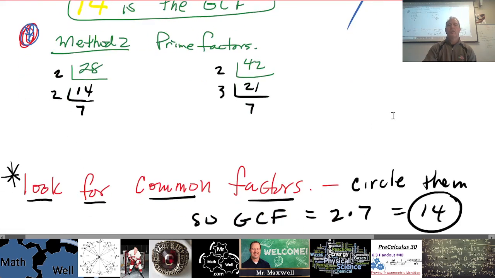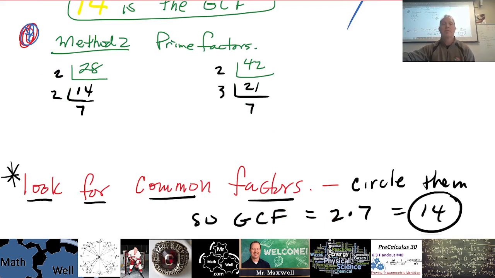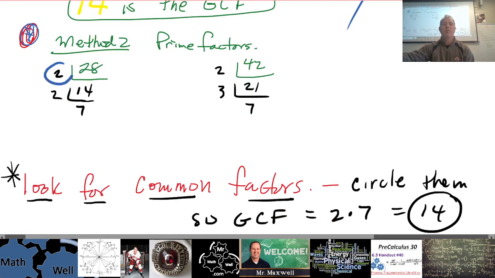So what you do is you look for all common factors and circle them. The common factors here: I'll circle 2 as a common factor, and 7 is a common factor. So the greatest common factor for these two numbers would be 2 times 7.